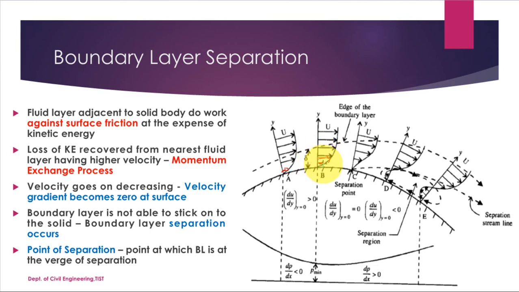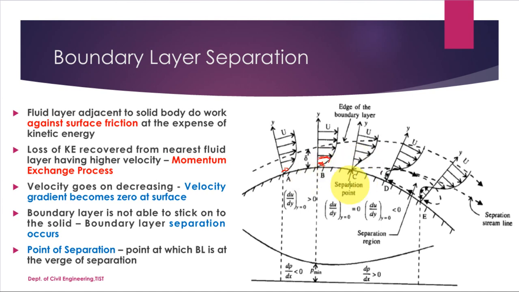Okay, so they try to compensate the loss of energy and they move forward, but again the velocity is reducing, velocity goes on decreasing, and a stage comes where there is no difference between the energy of this layer and this layer. Okay, that means the velocities will be the same. In such a case, there is no difference in velocity, and that means the velocity gradient becomes zero.